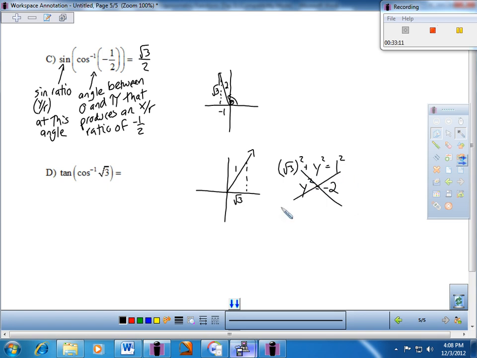No. I'm not sure if you saw this already, but is it possible to actually have an angle with a cosine ratio equal to the square root of 3? And by the way, everyone, square root of 3 is about 1.73-ish, somewhere in there. Can we ever have a cosine ratio above 1? No, of course not. And so you can see it just kind of bared out mathematically.